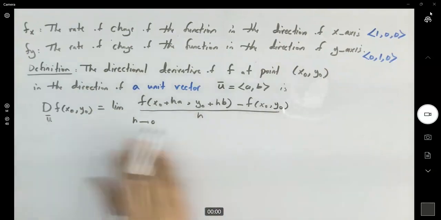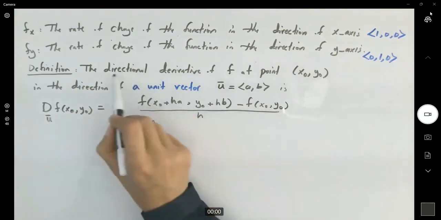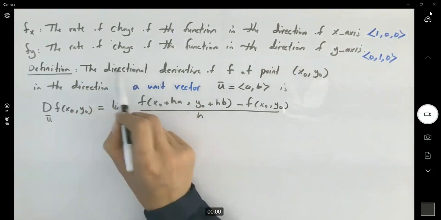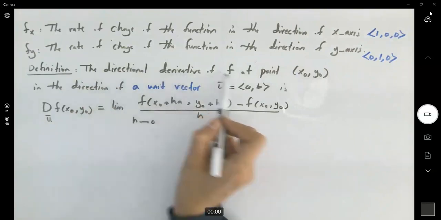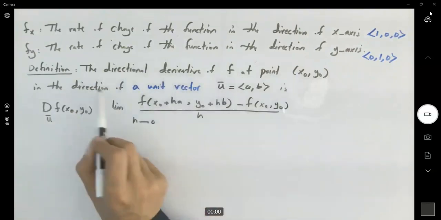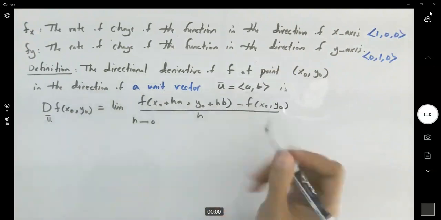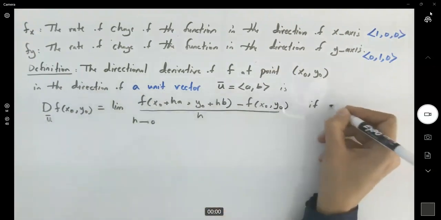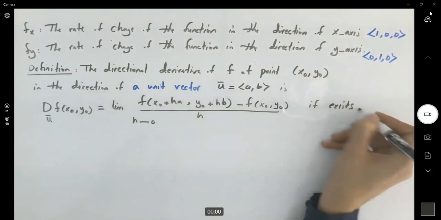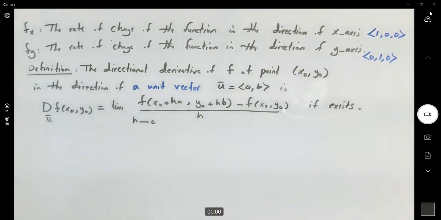If this limit exists, we have the directional derivative, the rate of change of function f at this point in the direction of a unit vector like u, if it exists. Very good.